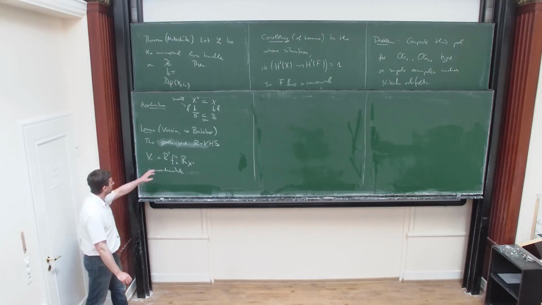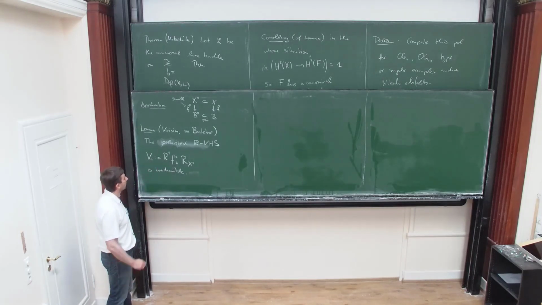Right, so that's a local system, but it carries more structure, and in the category of polarized R VHS, it is irreducible.